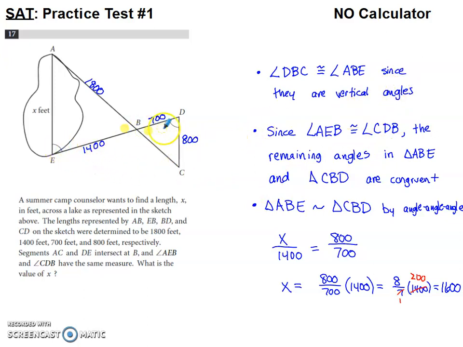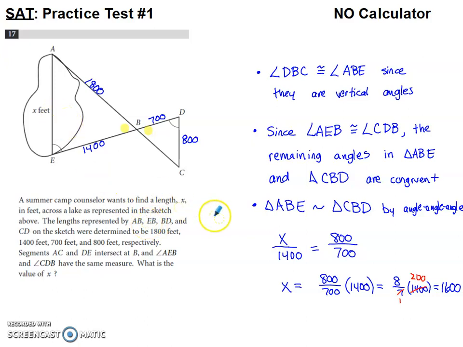If I know that these two angles are the same and the two angles that we just indicated are the same, all of the angles in the triangles have to add up to 180, so they're similar triangles by angle-angle or angle-angle-angle. And because the triangles are similar, we can use proportions to try to figure out what that missing value of x is.